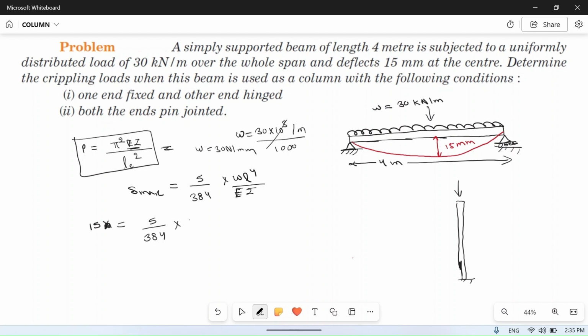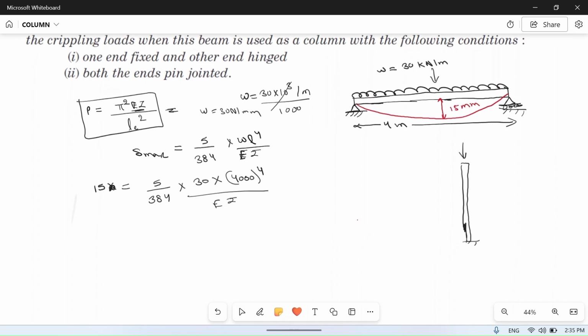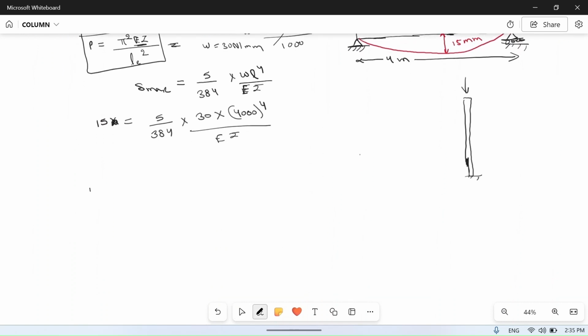So we will put W is equal to 30 Newton per mm and L, the length, is 4 meter. If we keep it in mm, then it will become 4000 to the power 4 divided by EI. So from here, EI will be equal to 5 divided by 384 into 30 into 4000 to the power 4 divided by 15.